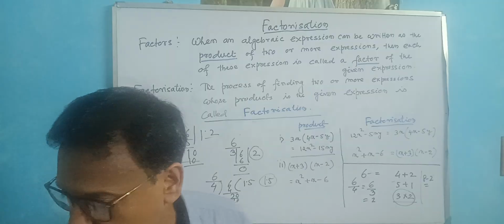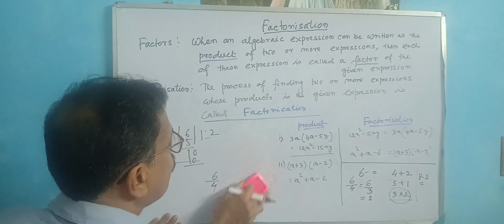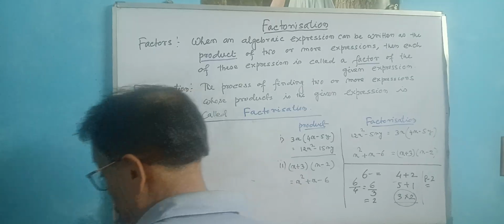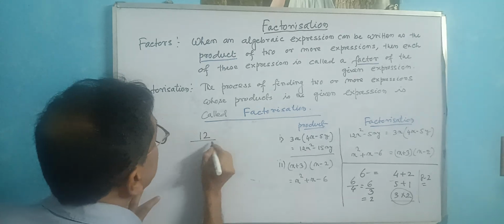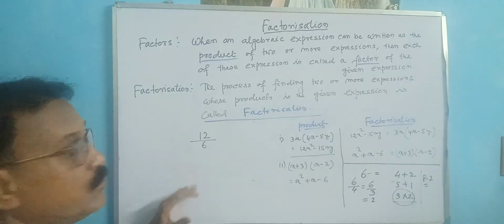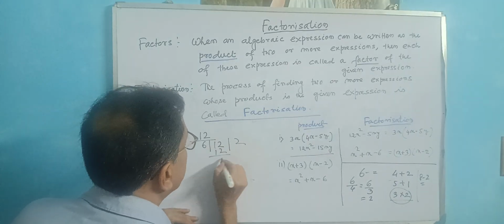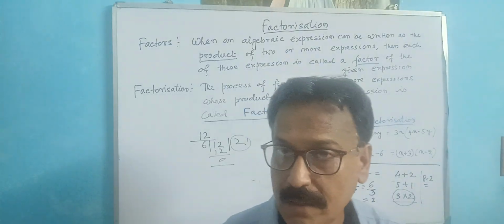Suppose 12. Is 6 a factor of 12? You check it. 6 twos are 12, the remainder is 0, and the main important thing is that the quotient is a whole number.